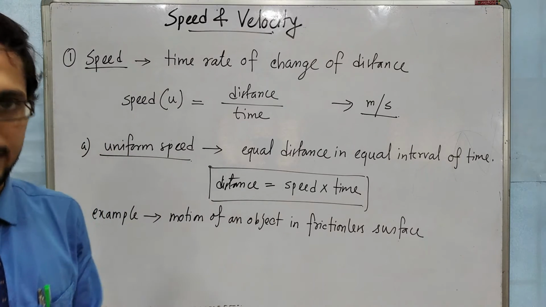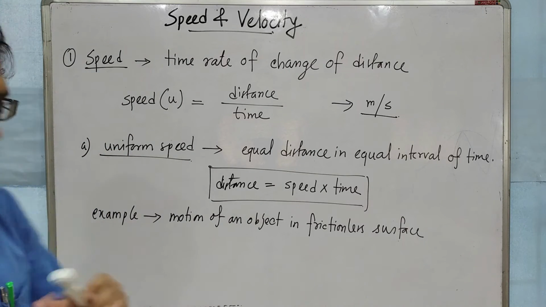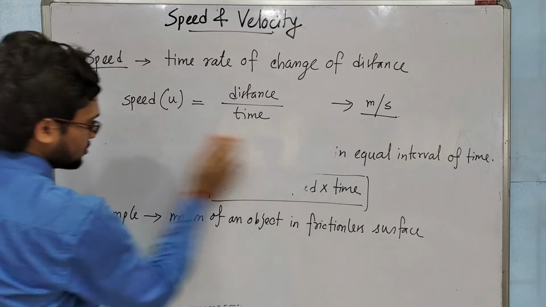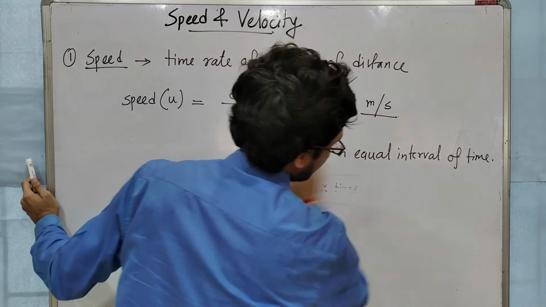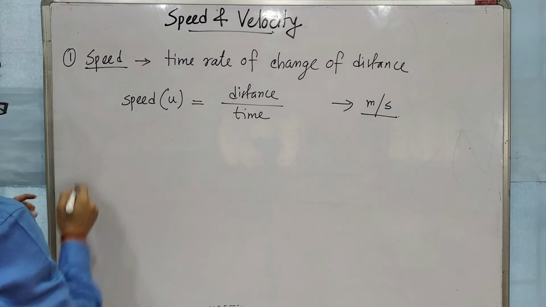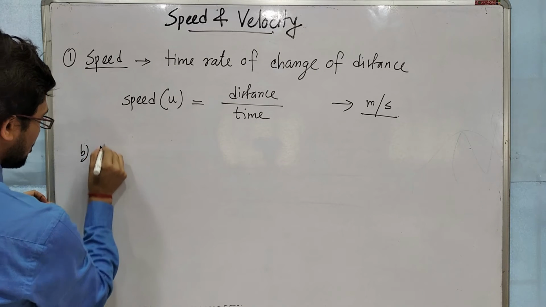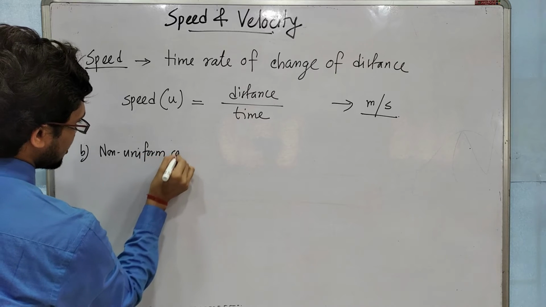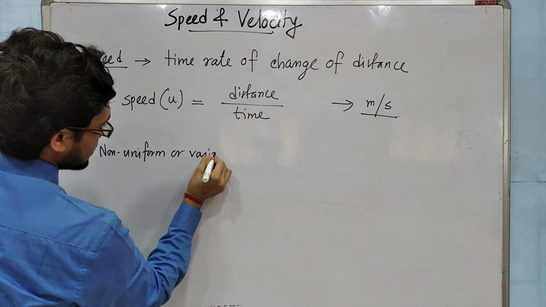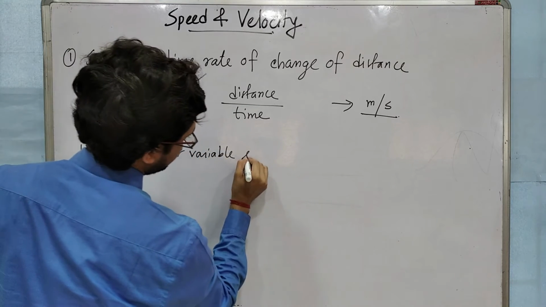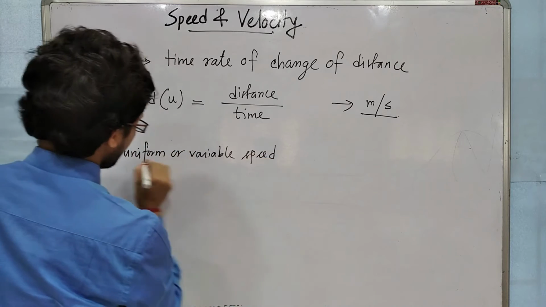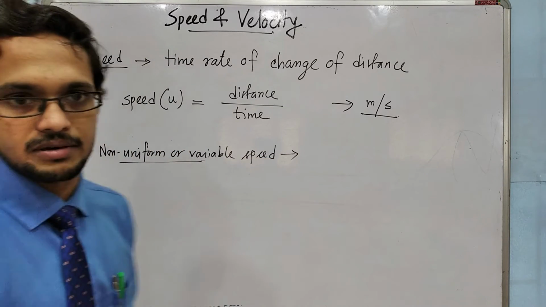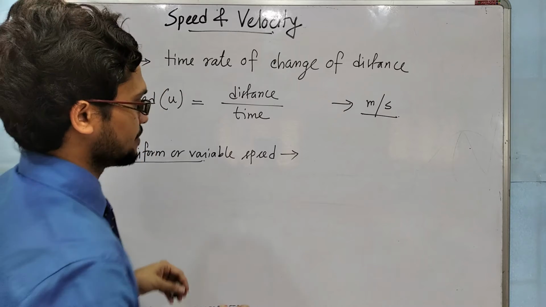Second one is variable speed or non-uniform speed. That means unequal distance covered in equal interval of time.